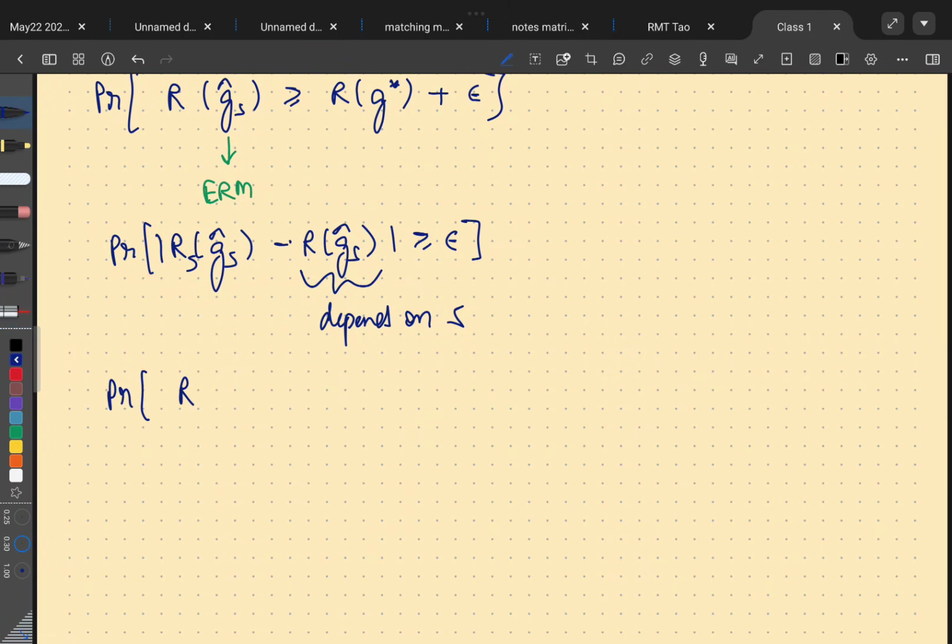What is the probability that Rs of G minus R of G is greater than or equal to epsilon for some function G? Suppose I wanted to derive a bound on this quantity.